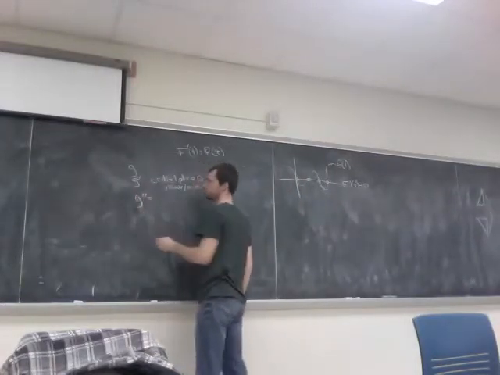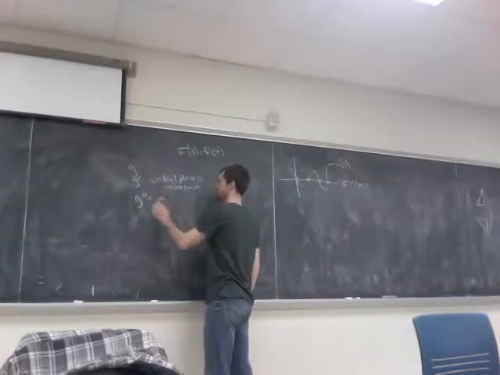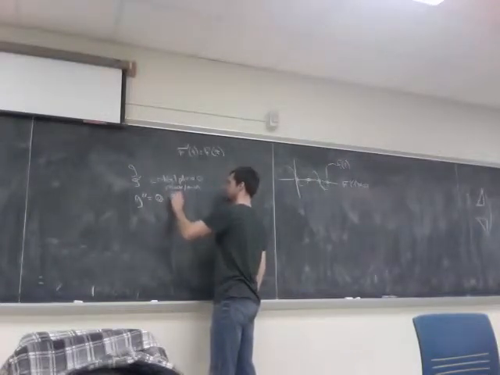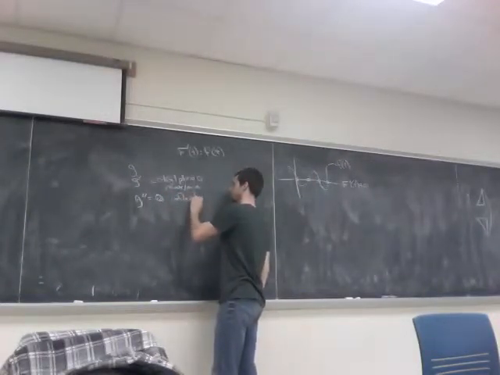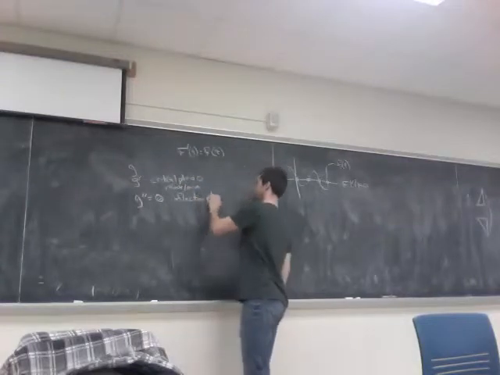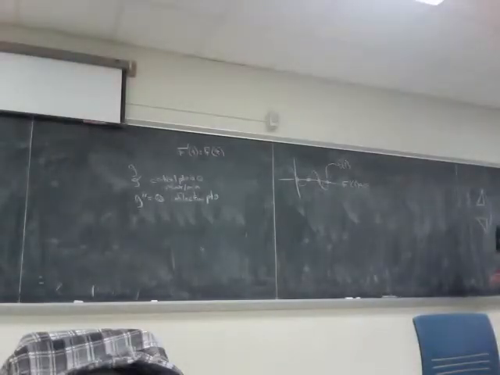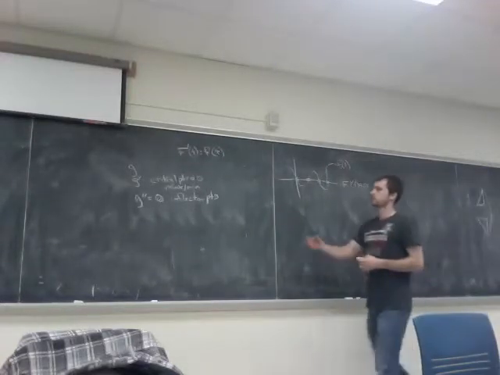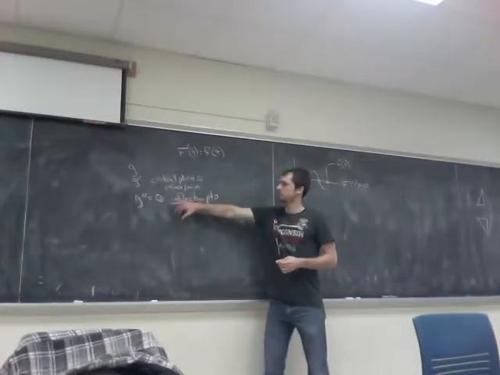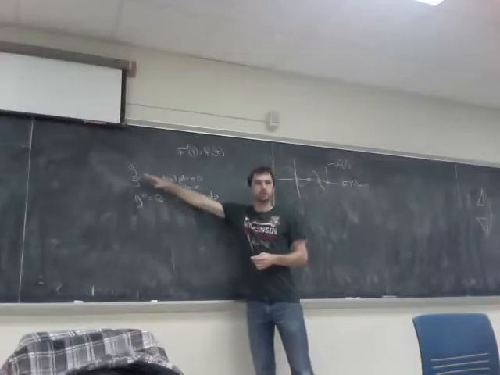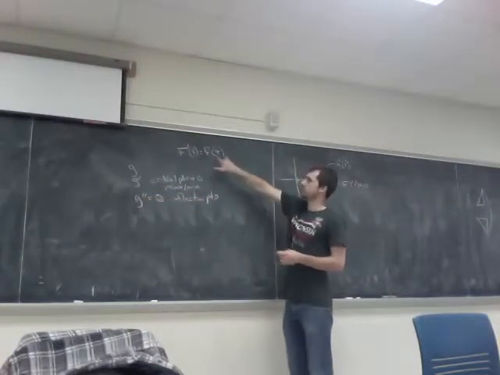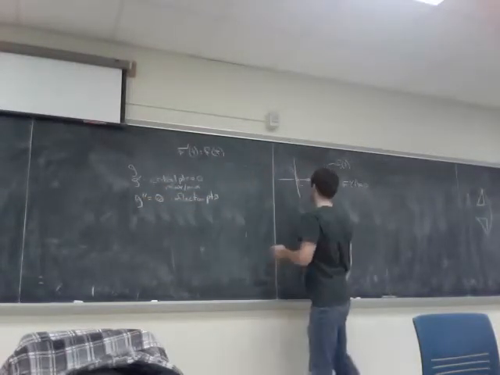Inflection points are where the second derivative of your function is equal to 0. Those are your inflection points. Notice the difference here. If it's the second derivative of this one, then it's the first derivative here, right?